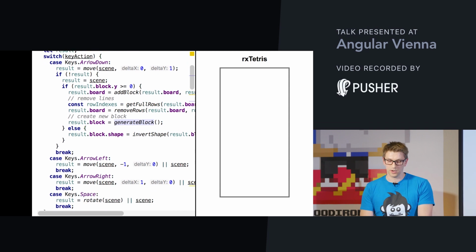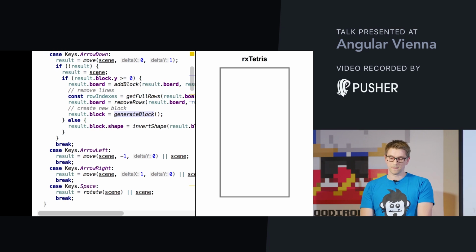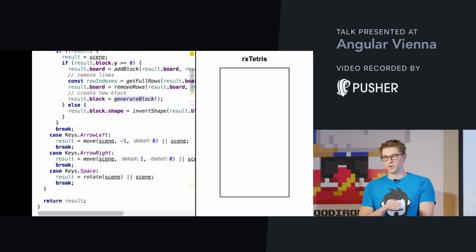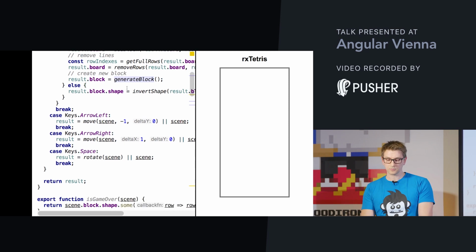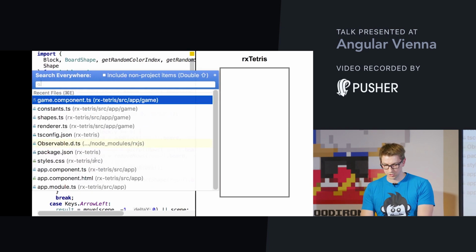It reacts on arrow down, for example, and it tries to move it. If the move cannot be done anymore, then it adds the block to the board. It detects if there is some row that is completely full, so that you can remove it. On arrow left or right, it's just moving left or right, and on space, it's rotating. So not much to it.